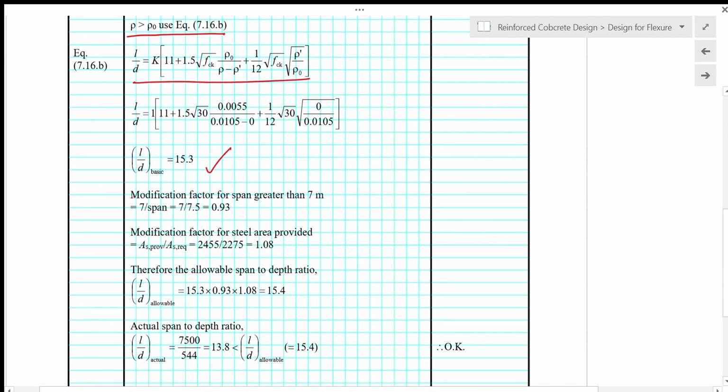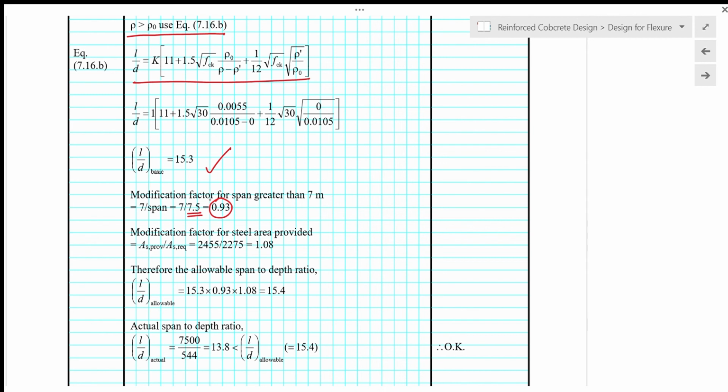So after that, we look at the modification factor for span greater than 7 meter. Our beam is 7.5 meters, so we have to multiply the L over D ratio with 0.93. Then we're designing a rectangular beam, so we do not need to consider the situation where you have a T-beam.